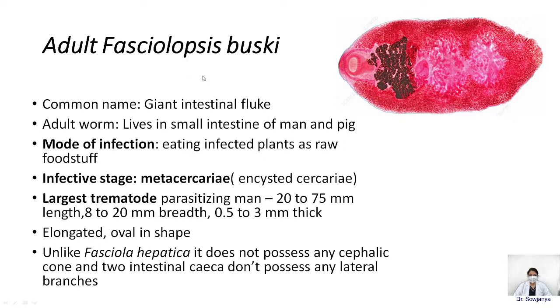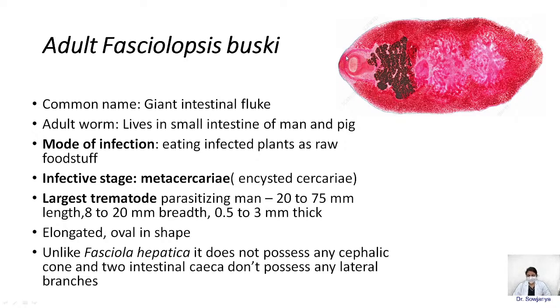Now coming to adult Fasciolopsis buski, here it is called the giant intestinal fluke. Here you can see the anterior end is not so conical, which can be differentiated from Fasciola hepatica, which is really very conical and forms 2 shoulders with the body. Here that is not seen.